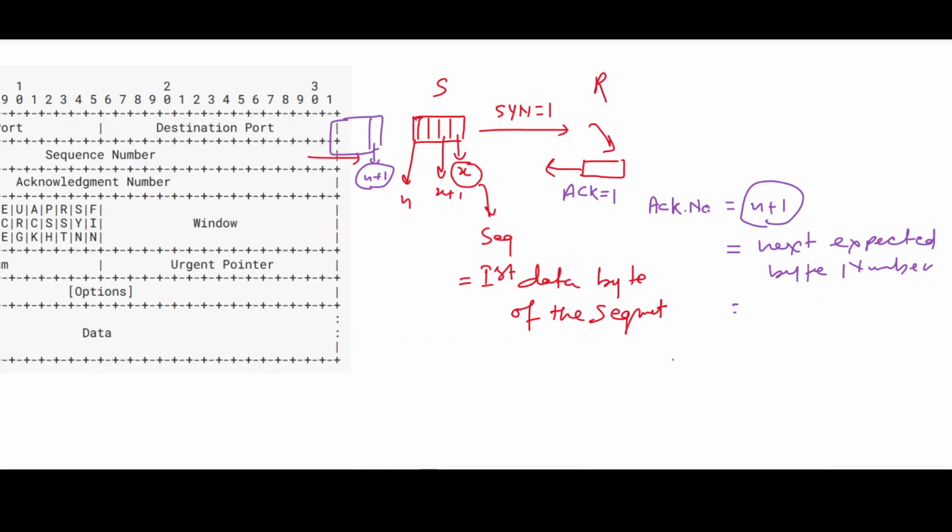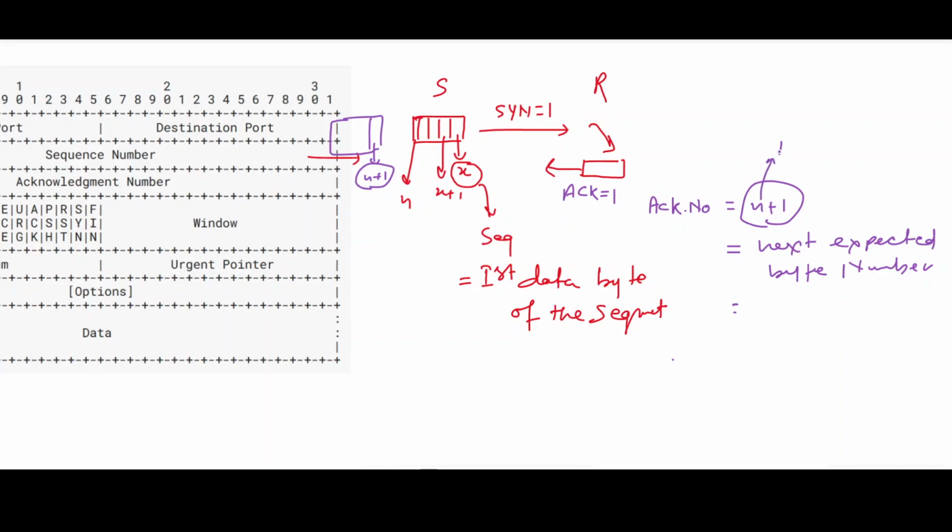It is just a predefined number. In another way, we can say the sequence number of the last received data byte incremented by 1 is defined as the acknowledgement number.